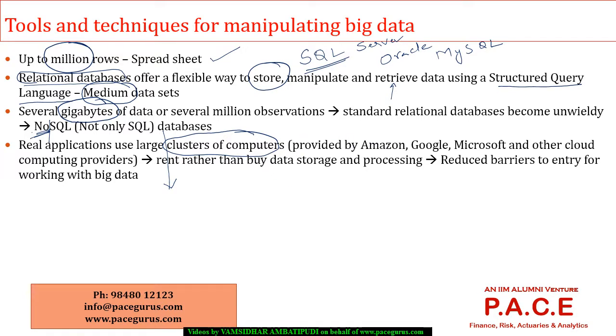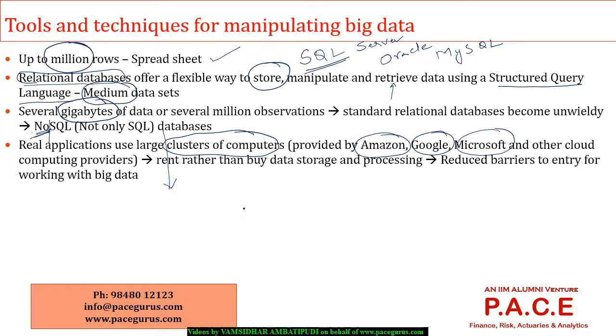These clusters are rented. Let's say Amazon maintains such a cloud. Google has its own cloud. Microsoft maintains its own cloud, and a few other providers also maintain their own cloud. Cloud is nothing but a simple large cluster of computers.